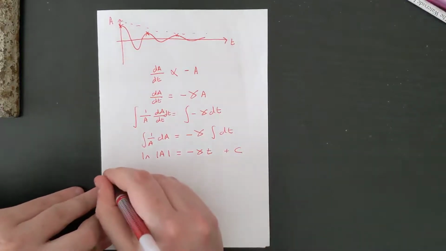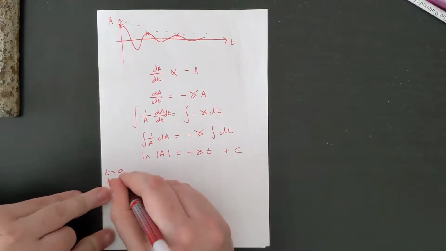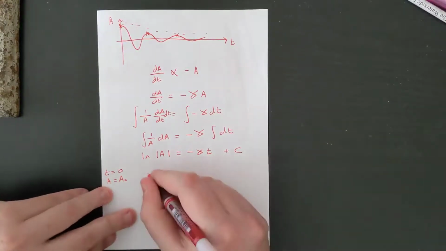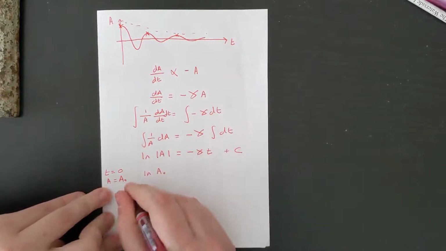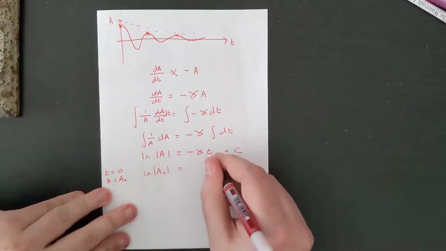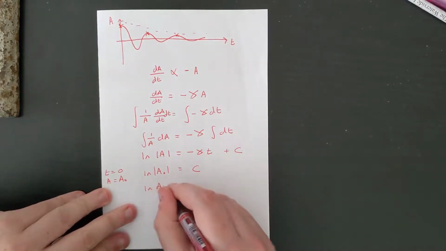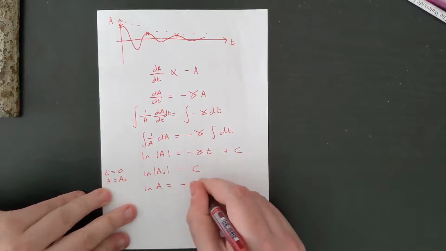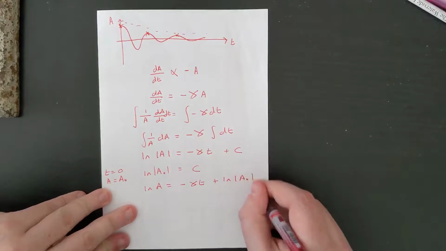And I know that when time t is equal to 0, my amplitude is equal to some initial value, A0, and therefore ln A0 is equal to minus gamma times 0 plus c. So I have ln A is equal to minus gamma t plus ln A0.